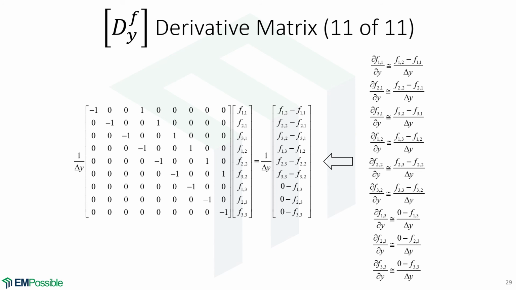So derivatives in the y direction are much easier to construct than derivatives in the x direction because of those boundary conditions. So this matrix, along with dividing by delta y, is our first order derivative matrix of the function f with respect to y.